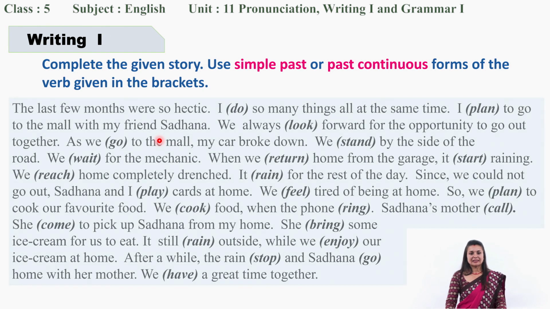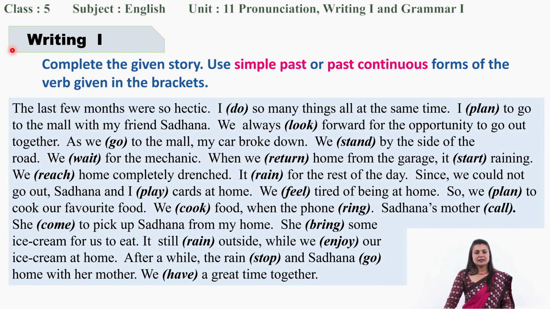Okay, so let's see. This is the passage I have given you. Let's read it first. Okay, all of you read with me. The last few months were so hectic. I, in bracket, do so many things all at the same time. I, in bracket, plan to go to the mall with my friend Sadhana. We always, in bracket, look forward to the opportunity to go out together.